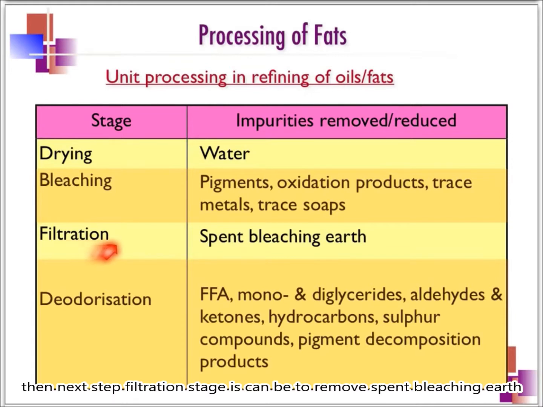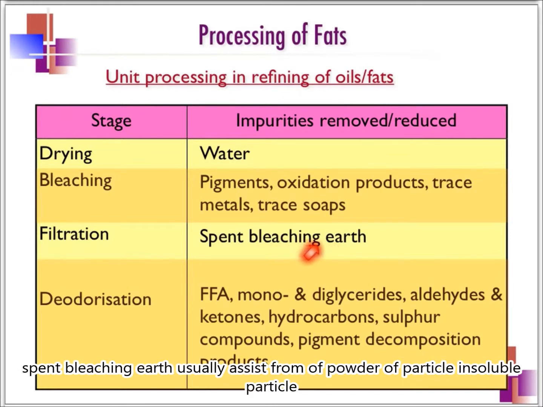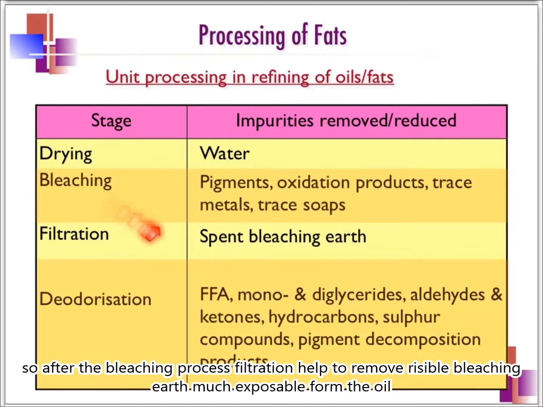Then the filtration step, basically to remove what we call spent bleaching earth, because bleaching earth actually exists in the form of powder or particles, insoluble particles. So after the bleaching process, the filtration will remove the residual bleaching earth as much as possible from the oil.